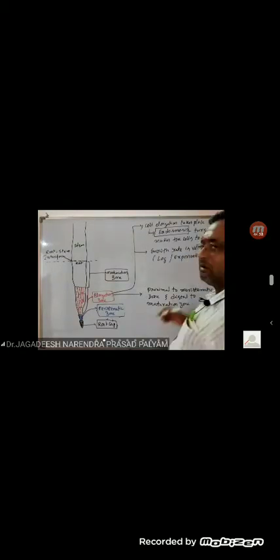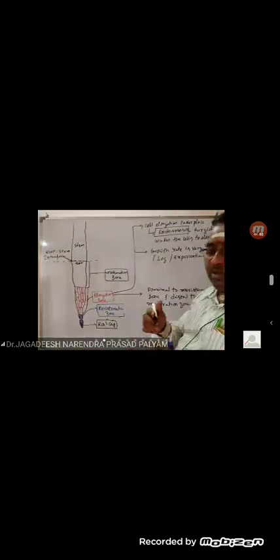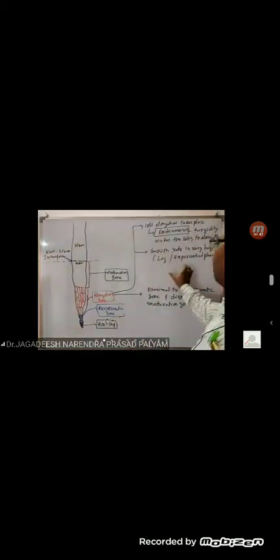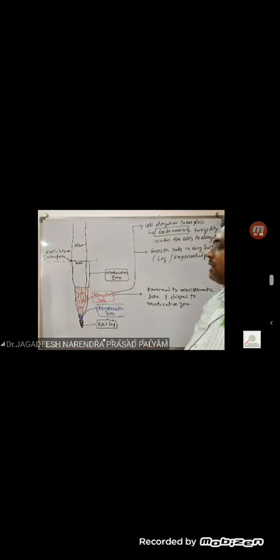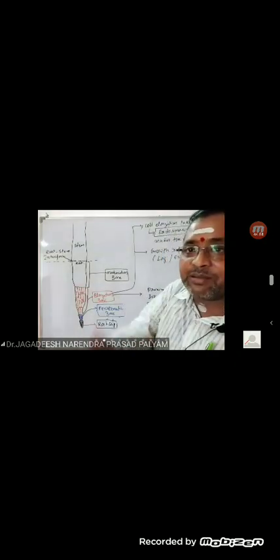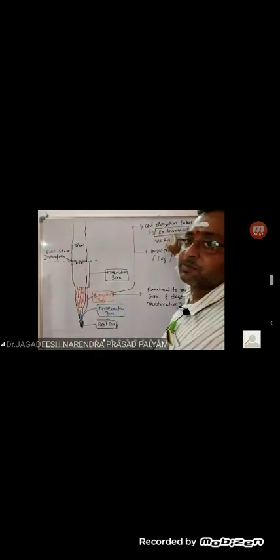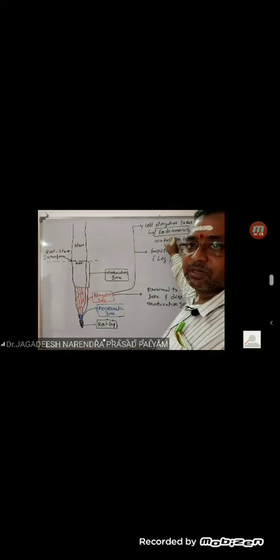Exponential means fast multiplication or fast growth. More growth is observed in the elongation zone because the cells are elongating. And how are the cells elongating? Due to excessive entry of water into the cell by endosmosis. Understood?